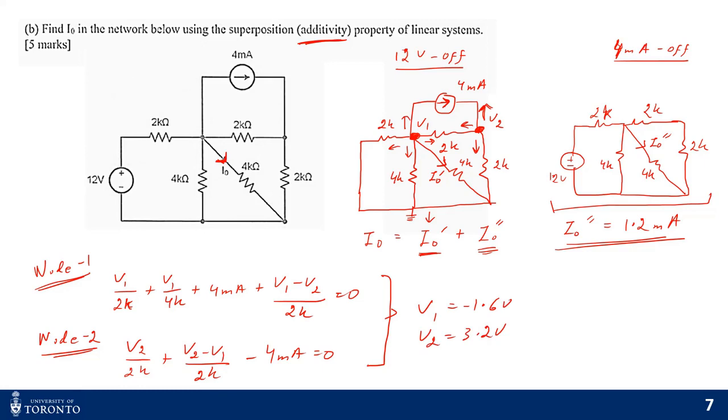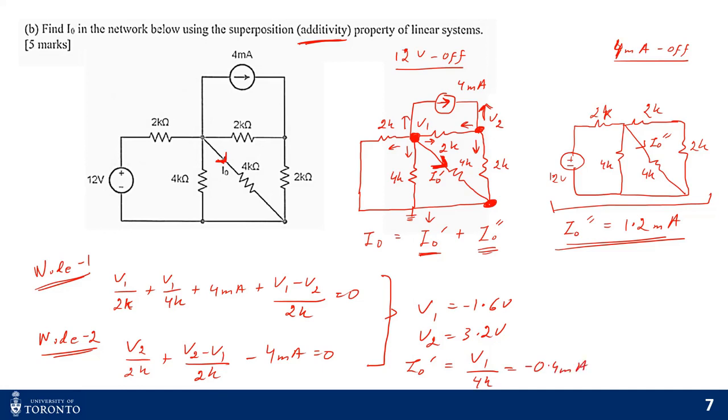So what's going to be your I naught prime? It's this current, which is basically V1 by 4K, because the voltage here is V1 and this voltage is 0. So it's basically minus 0.4 milliamps.